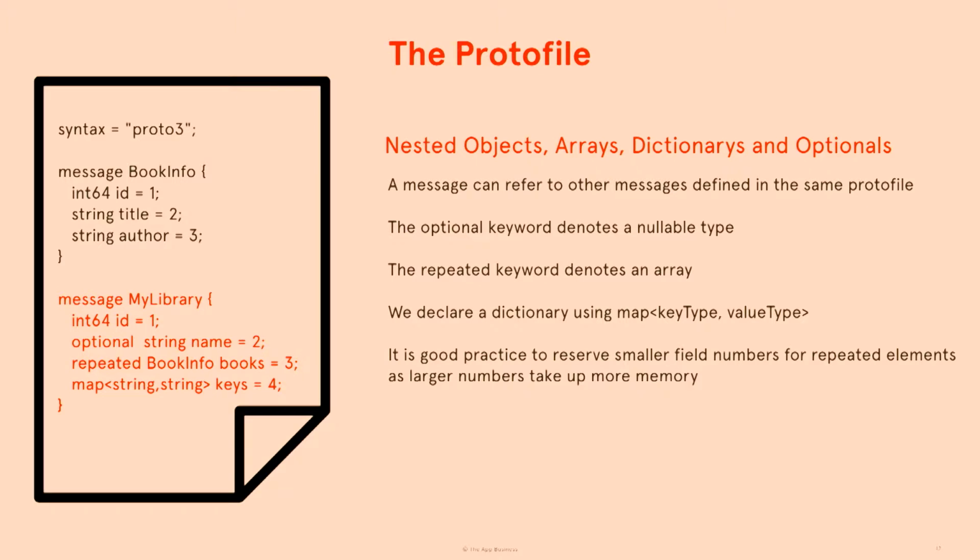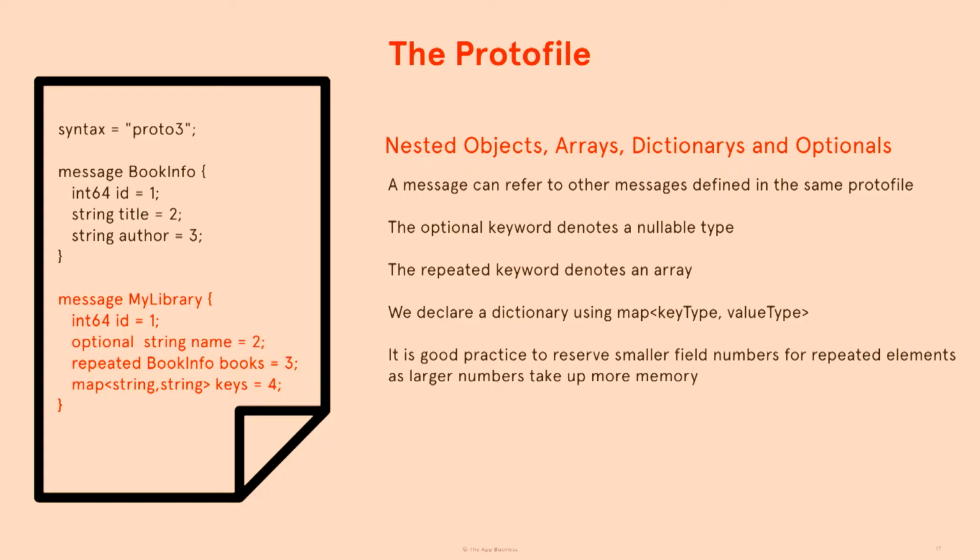So if we look onto the next section here, we have nested objects, arrays, dictionaries, and optionals. And a lot of this is fairly self-explanatory. The optional keyword specifies nullable type. And 10 points to whoever can guess as to what kind of object that is in Swift, like an optional.